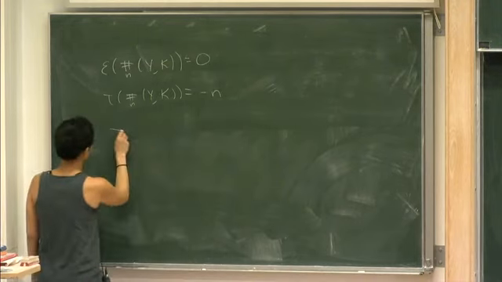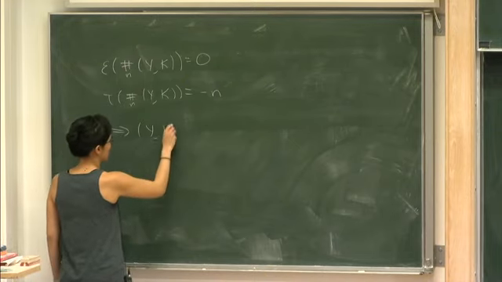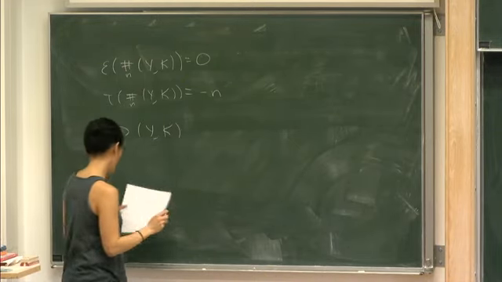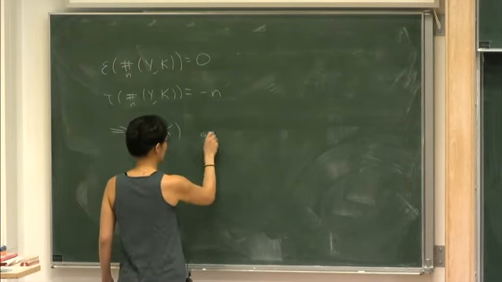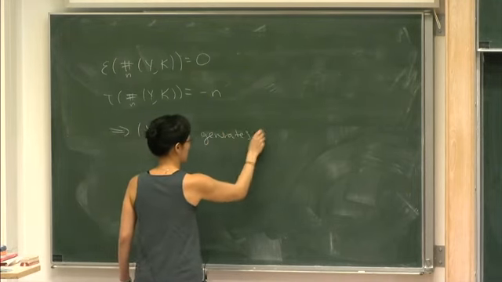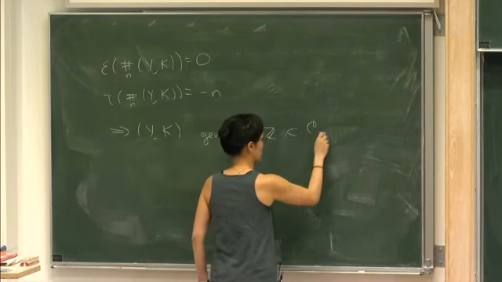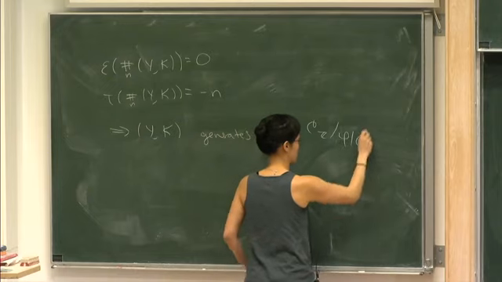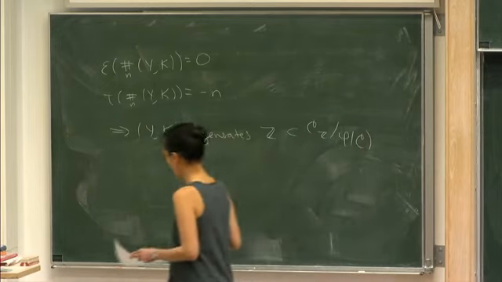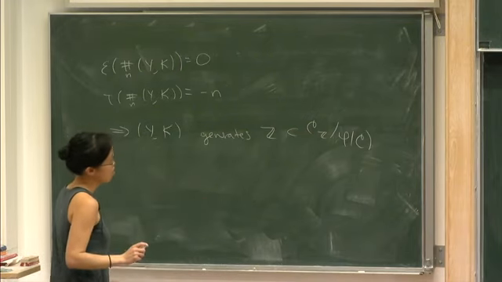So this implies that this knot K in Y generates a Z subgroup in this quotient. Okay.